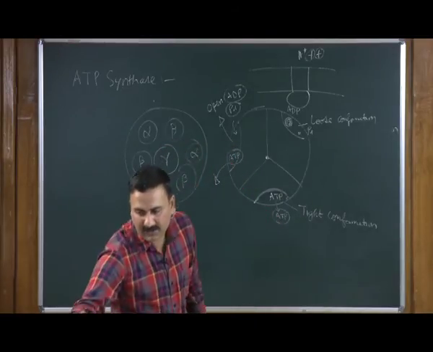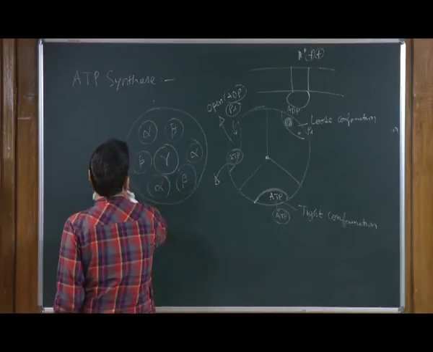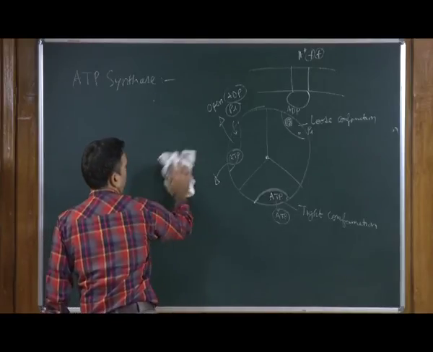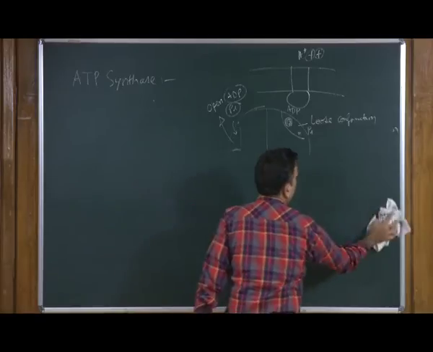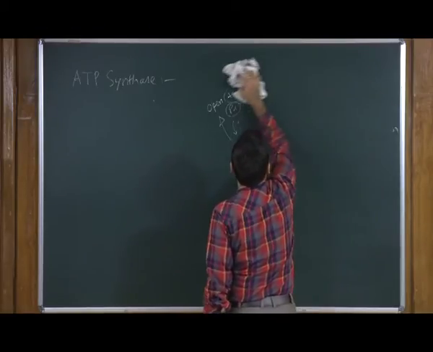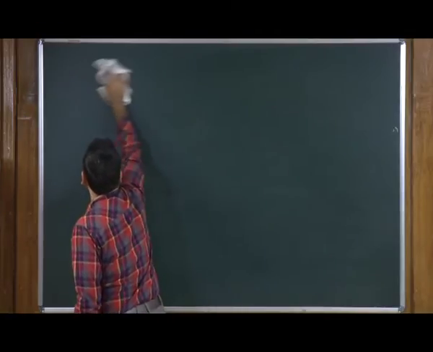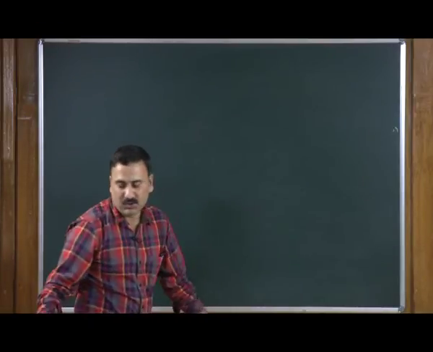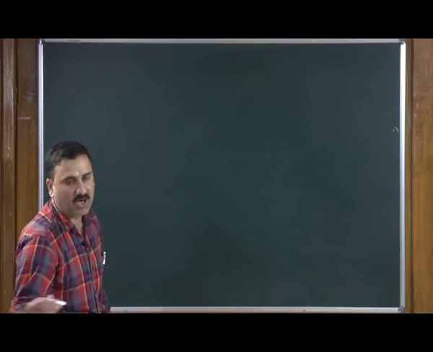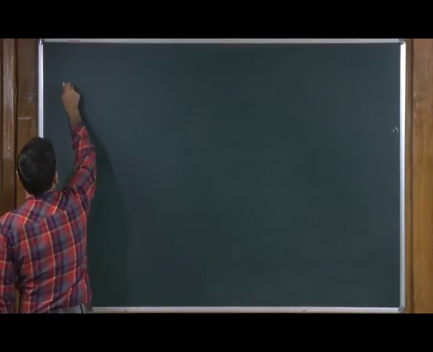So, with this we have discussed the light reactions, and what we have discussed is the production of 2 reducing equivalents, one is NADPH and the other one is ATP, and these will now be used in the downstream dark reactions.